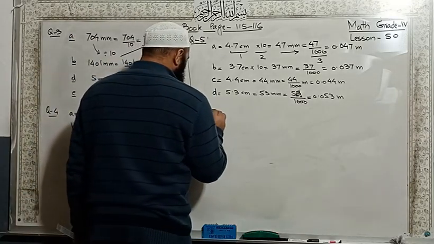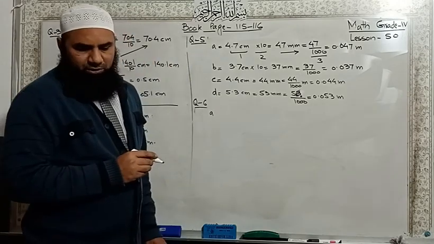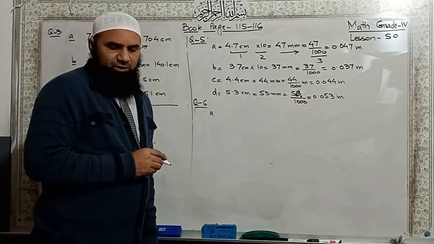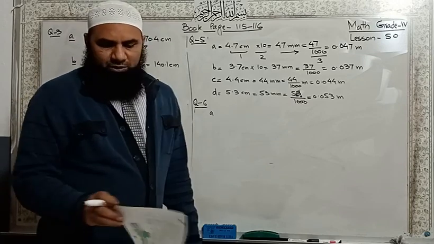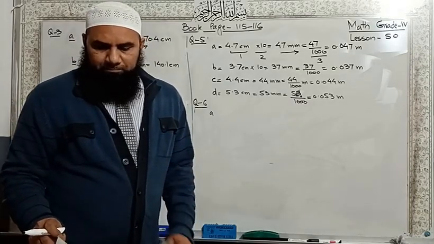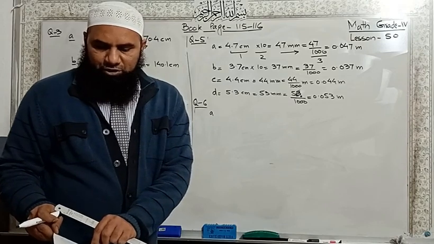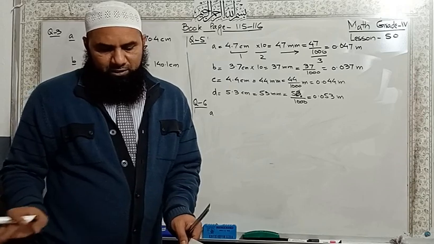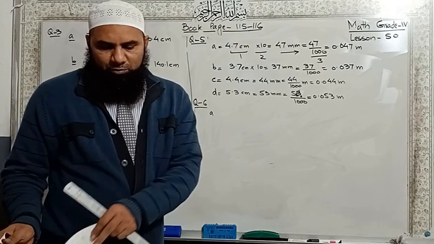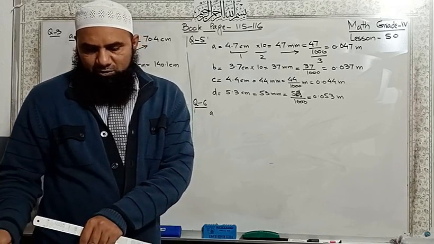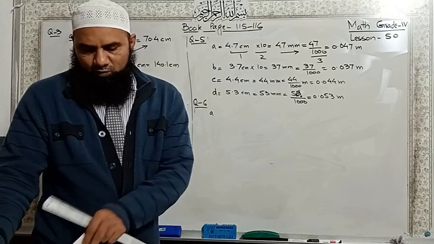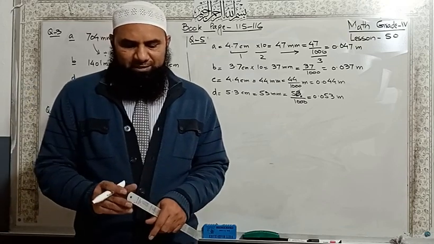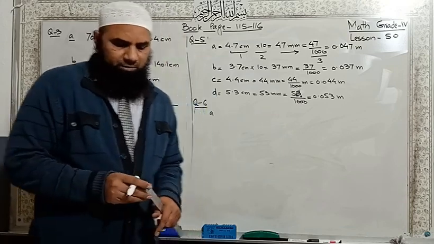Question number 6, part A. This is 0.135. As we have seen on page 115, for changing meters into millimeters, we multiply.